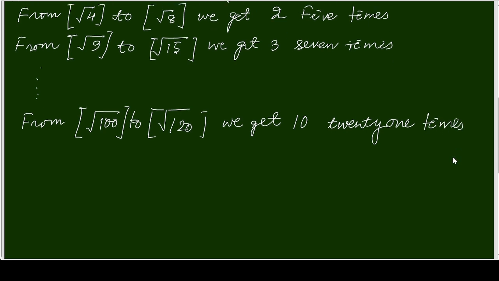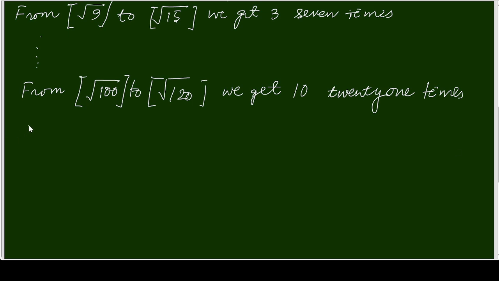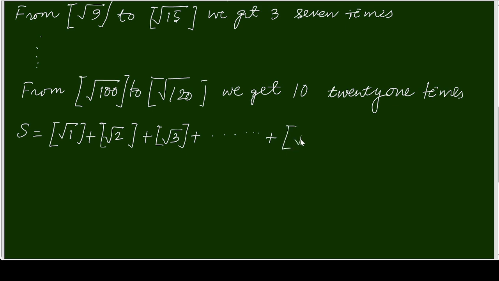So coming to the sum, the sum of floor of square root 1 plus floor of square root 2 plus floor of square root 3 up to floor of square root 120. We are getting 1, how many times? 3 times.